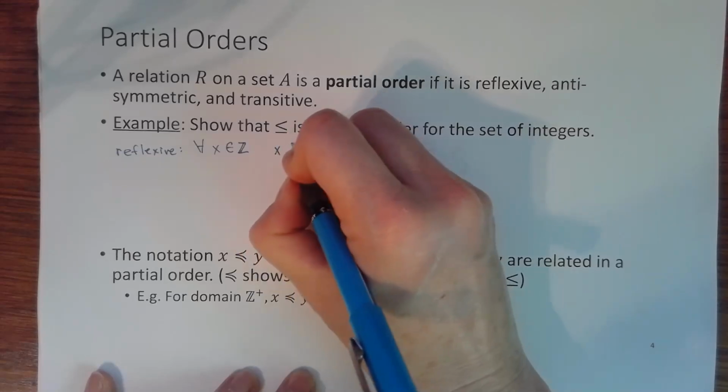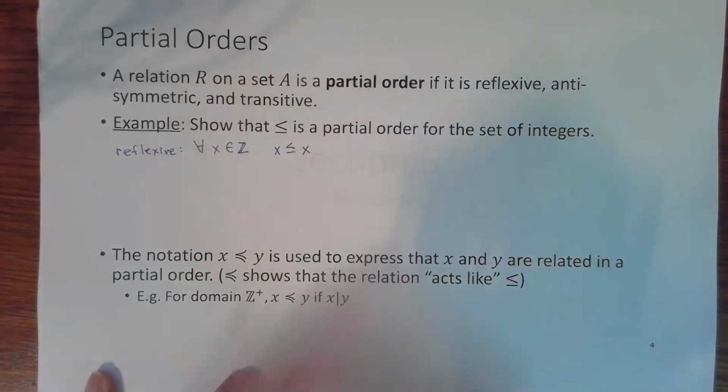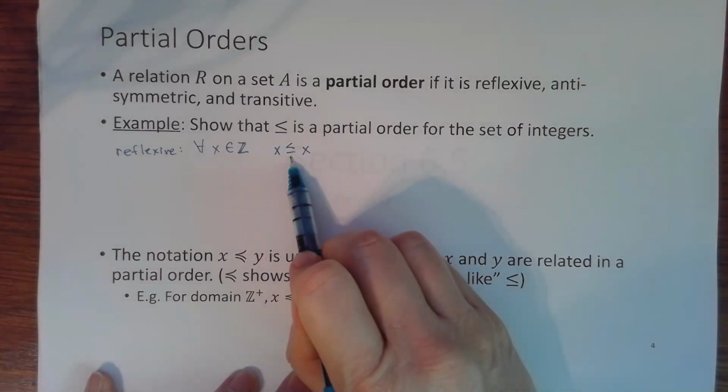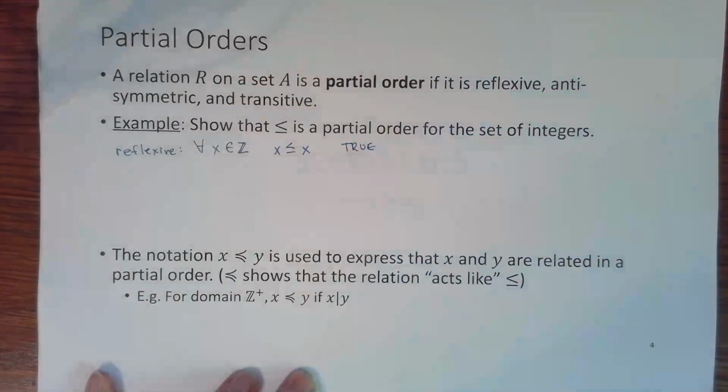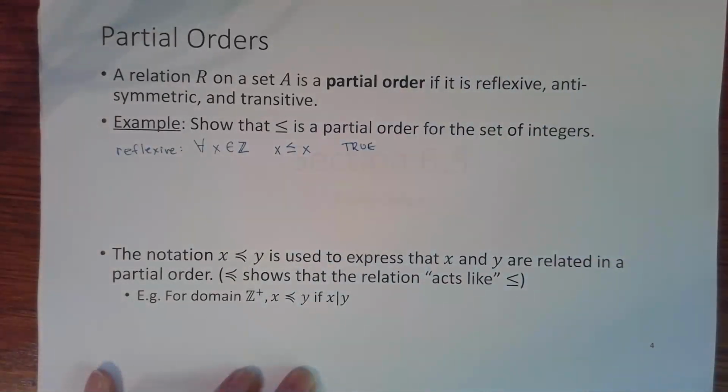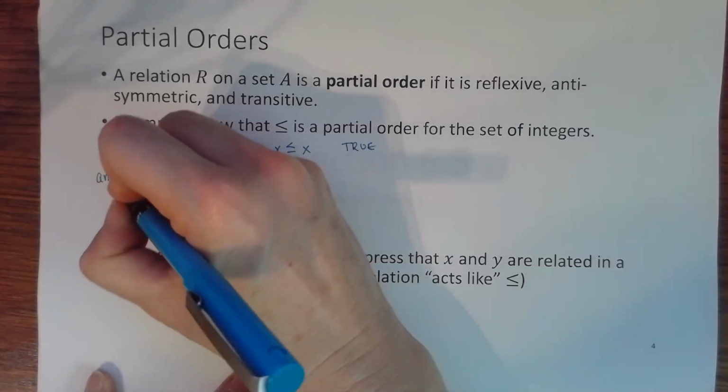And since we're talking about the relation of less than or equal to, is it true that for every integer x, x is less than or equal to x? Well, because we have this equal to, yes, this is true. So it's reflexive. What about antisymmetric?